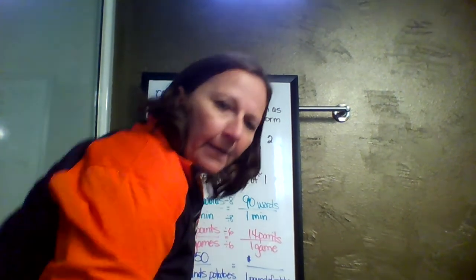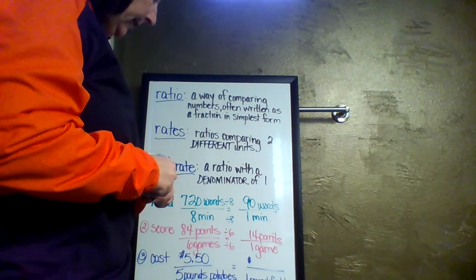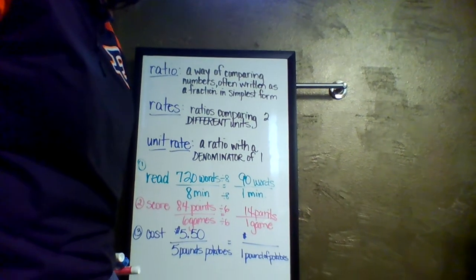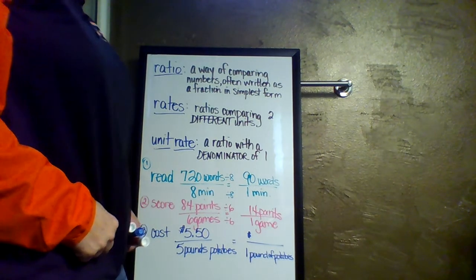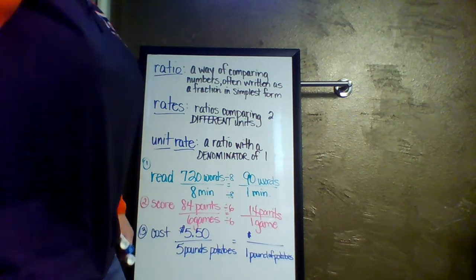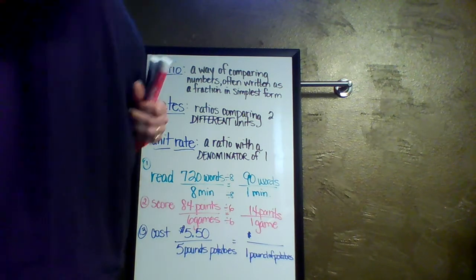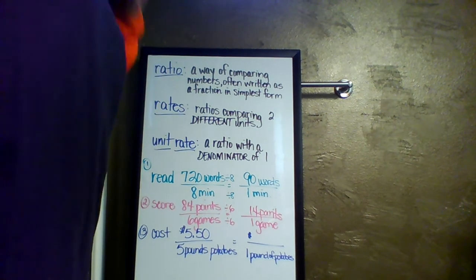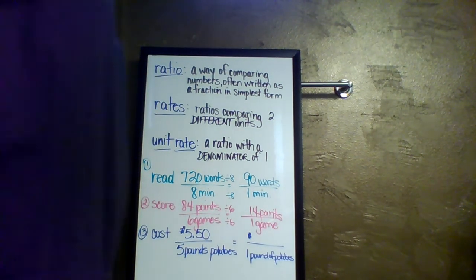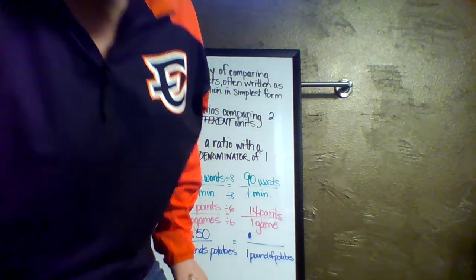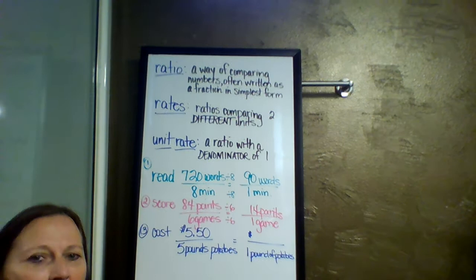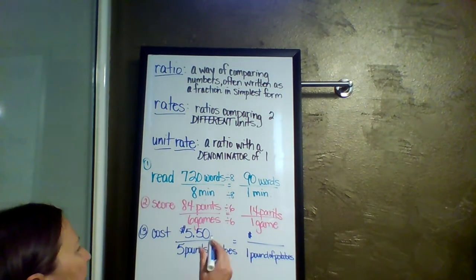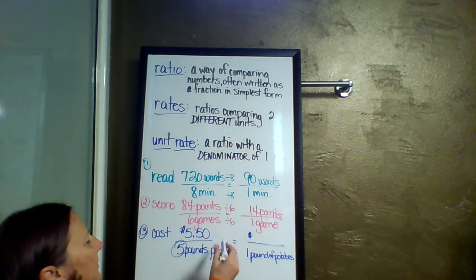All right, and another example that I have is if I am buying potatoes. So in this particular example, I have a cost of $5.50 for 5 pounds of potatoes. So in order to calculate this one, I'm going to divide by 5.